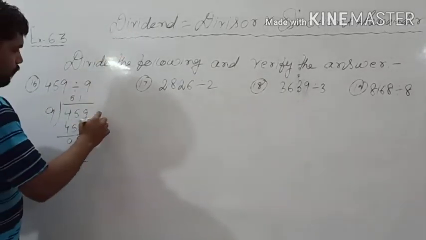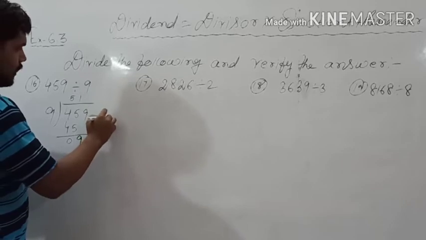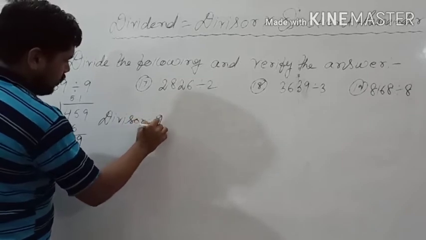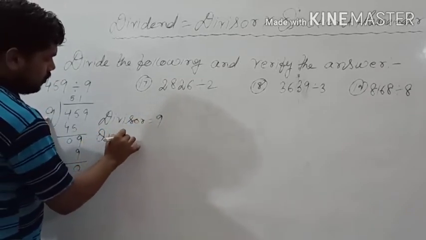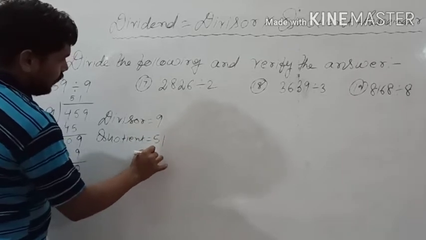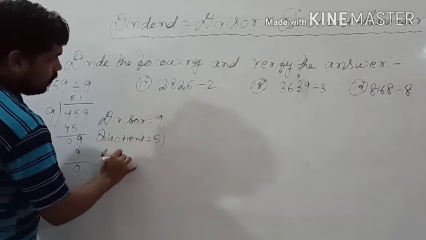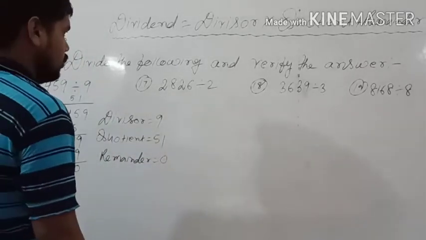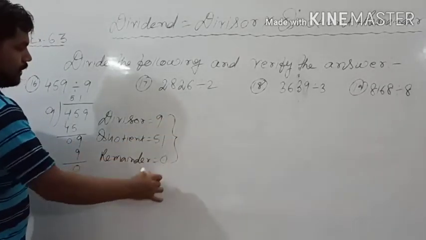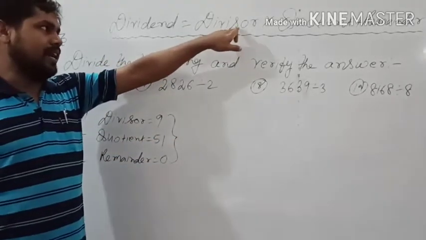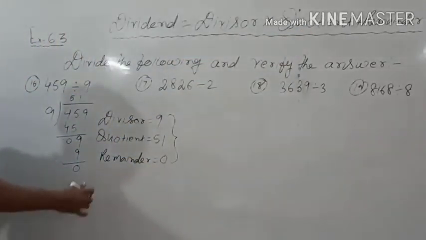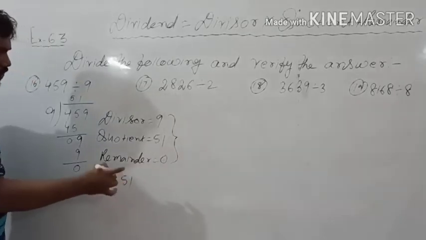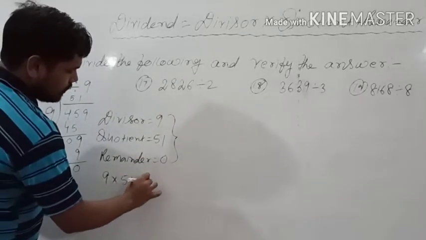Okay, so here the divisor is equal to 9, quotient is equal to 51 and remainder is equal to 0. So these are the three things which we need. We will multiply divisor and quotient and we will add the remainder. So divisor is 9, so 9 multiply 51 or 51 multiply 9, whatever you will do, plus 0.